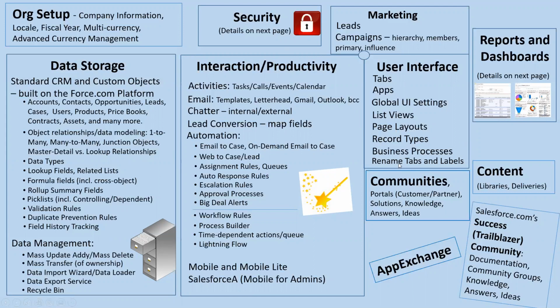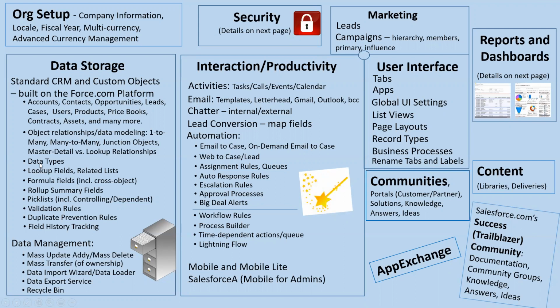And finally, there is a separate place within the setup menu called Rename Tabs and Labels, where you can, as I mentioned earlier, change the names of the tabs, which effectively changes the name of the object for the end users, but not underlying. And you can also change the labels on the fields.